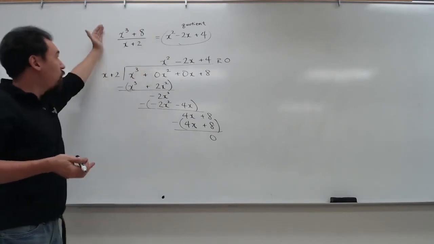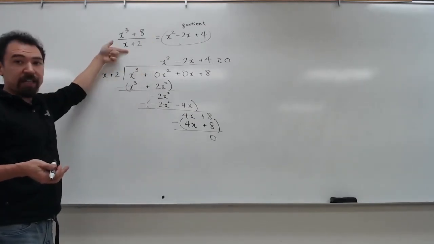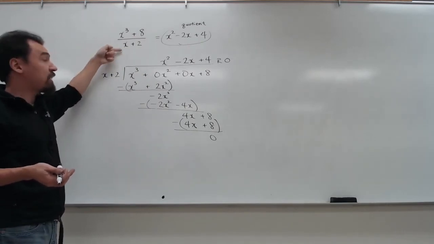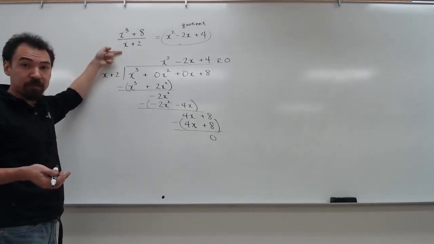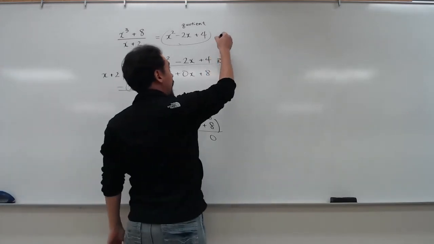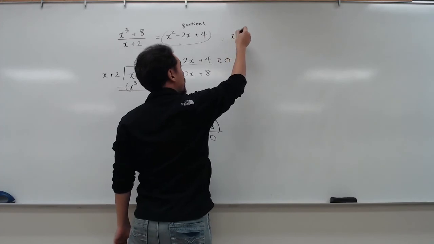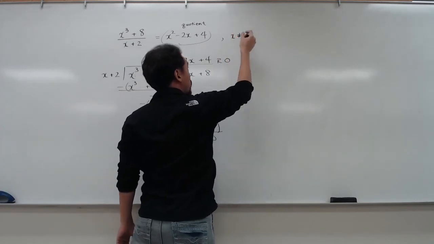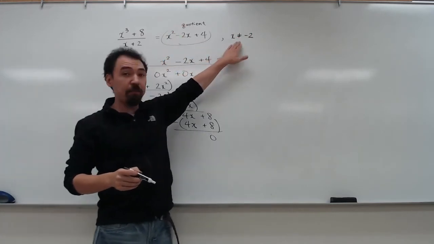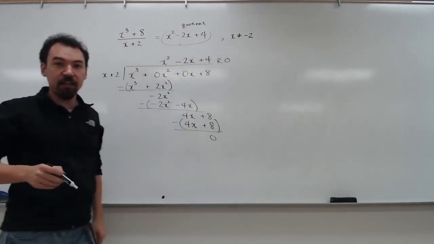But wait, over here, x plus 2 was on the denominator, which means I cannot put x equals negative 2 into this expression. That would lead to dividing by 0. So I actually have to state x cannot equal negative 2. This is no longer optional. Because there's no denominator to give me that information, I have to state it explicitly.